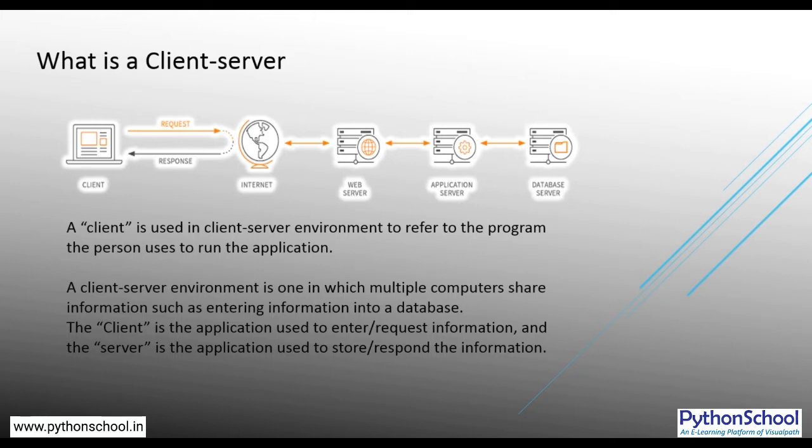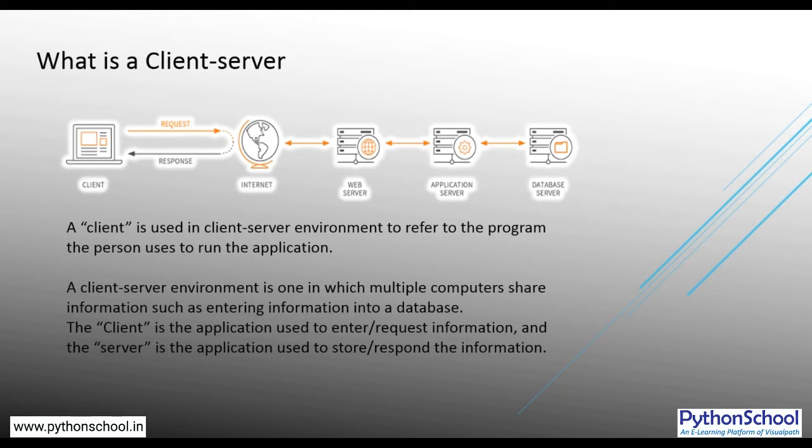A client server environment is one in which multiple computers share information, such as entering information into a database. And a client is an application used to enter or request the information, and a server is an application used to store and respond back with the result or the information.